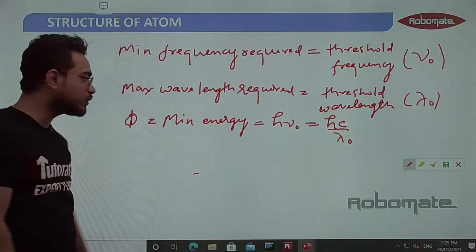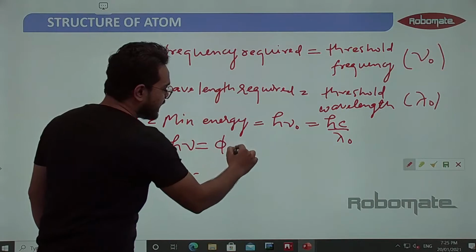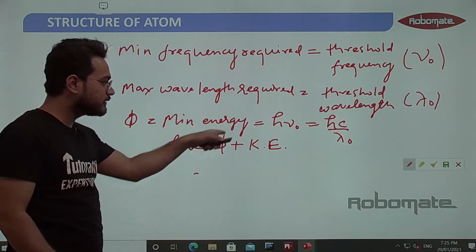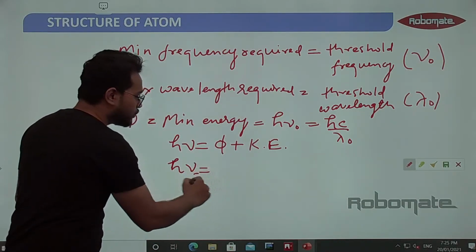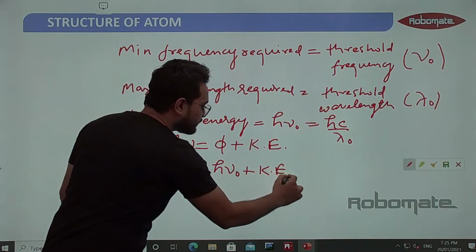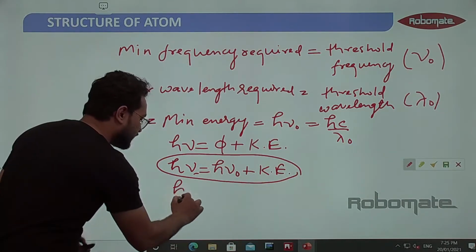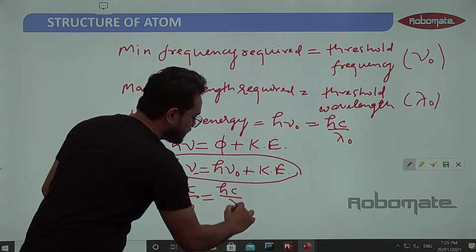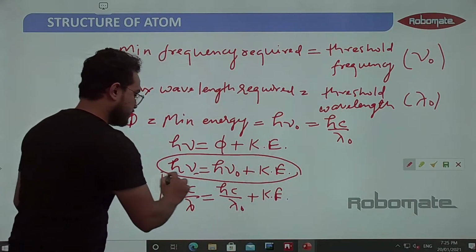If we go to the initial equation, h nu is equal to phi plus kinetic energy, replace phi, we get h nu is equal to h nu naught plus kinetic energy, and we can also write hc by lambda is equal to hc upon lambda naught plus kinetic energy.